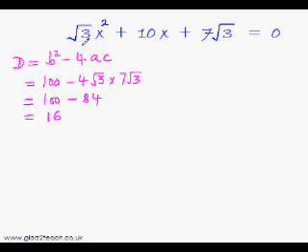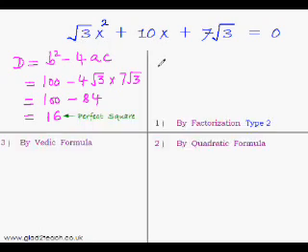But it's actually very simple. In fact, it can be solved by at least 3 methods. Okay, so now I will solve this same quadratic equation with 3 different methods, one after another.